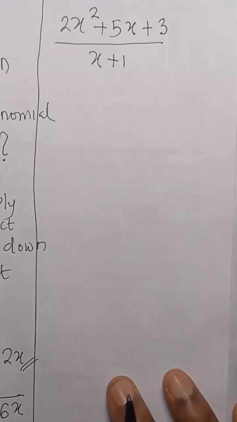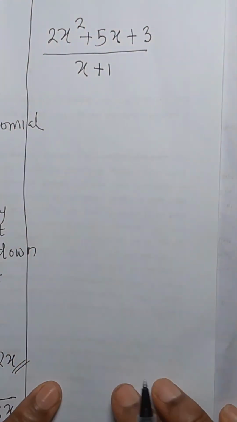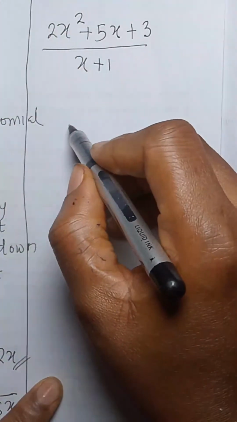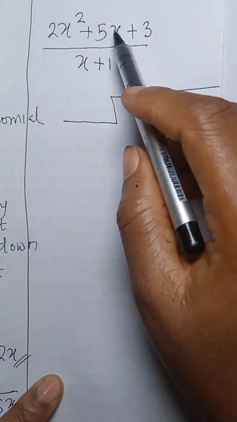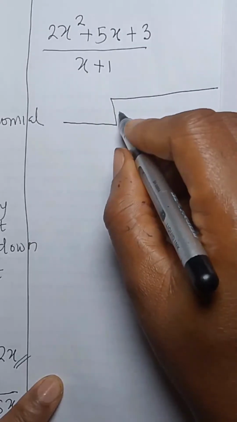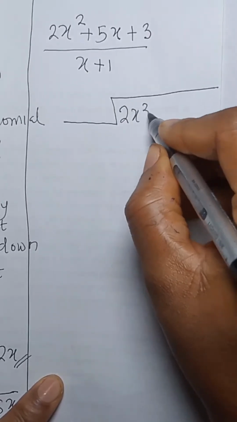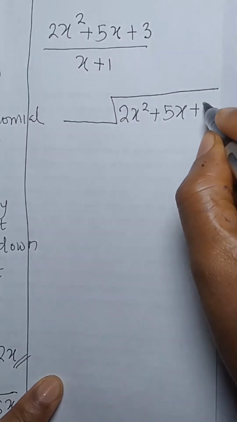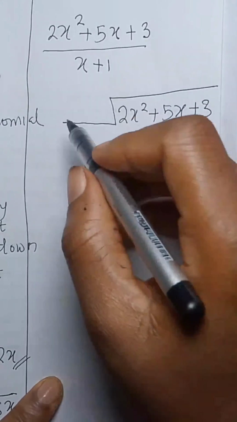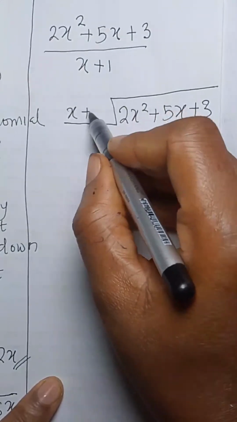Okay? Then how do you do that? We write it as I arranged it earlier. We're going to just draw a line like this. This is the numerator. Let it be here, 2x squared plus 5x plus 3. And then the denominator is x plus 1.